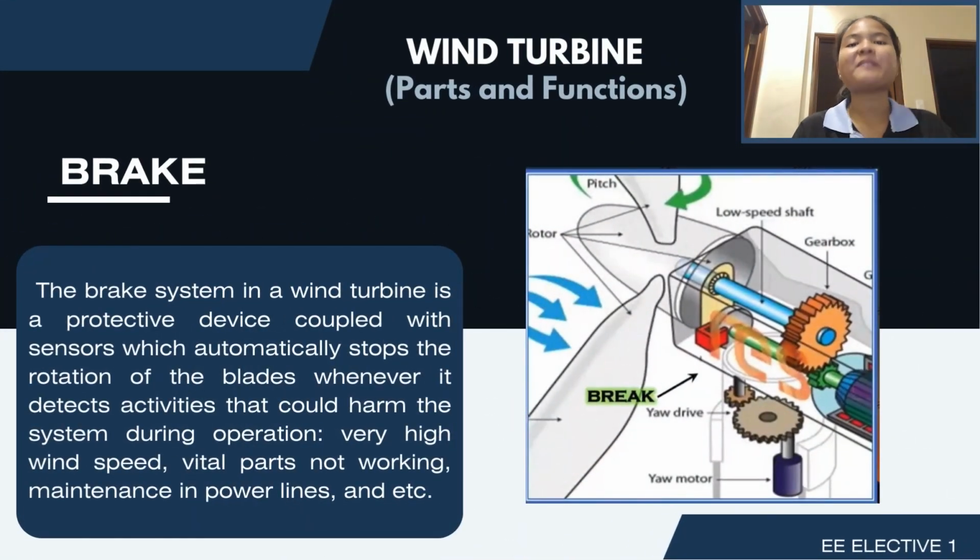Yung brake naman, hindi siya tulad ng brake sa mga kotse or sa mga bisikleta o kahit sa anong sasakyan. So, pag sinabing brake when it comes sa wind turbine, yung purpose or function nito is to automatically stop the rotation of the blade.